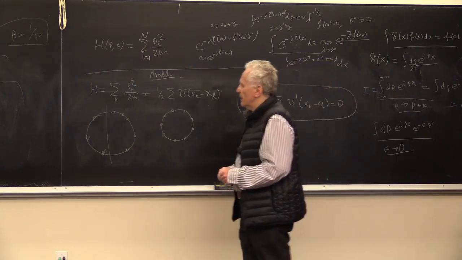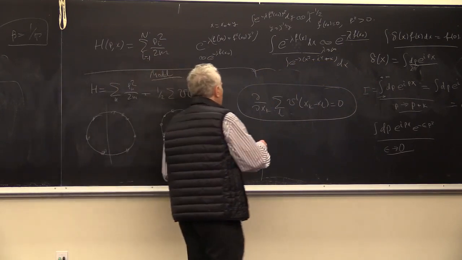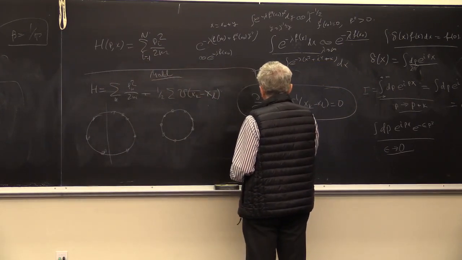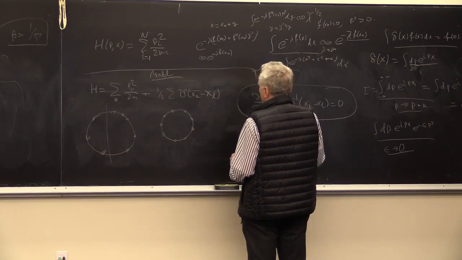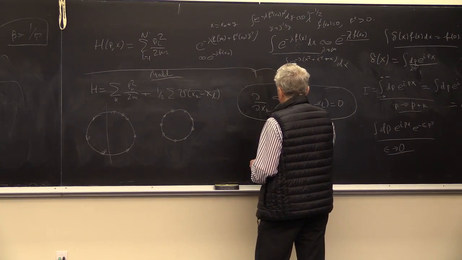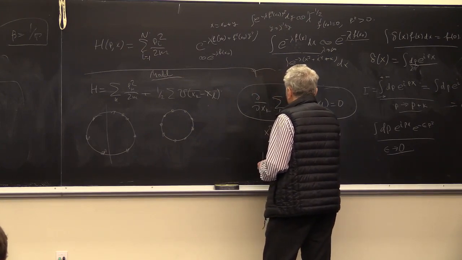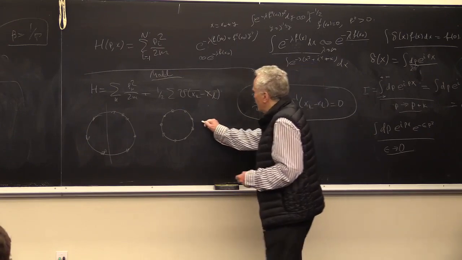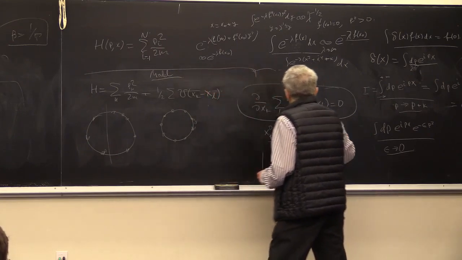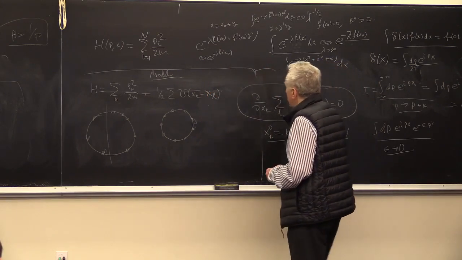And we find that in equilibrium xk, which is xk0, is equal to k multiplied by a, where a is the distance, so it's just L divided by the number of particles.